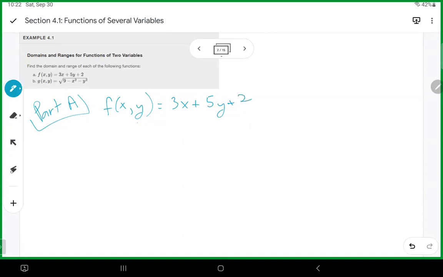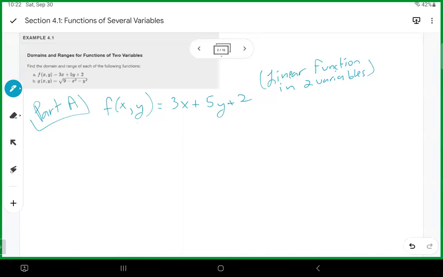So this is an example of a linear function in two variables. There are no values or combinations of x and y that can cause f of x y to be undefined.